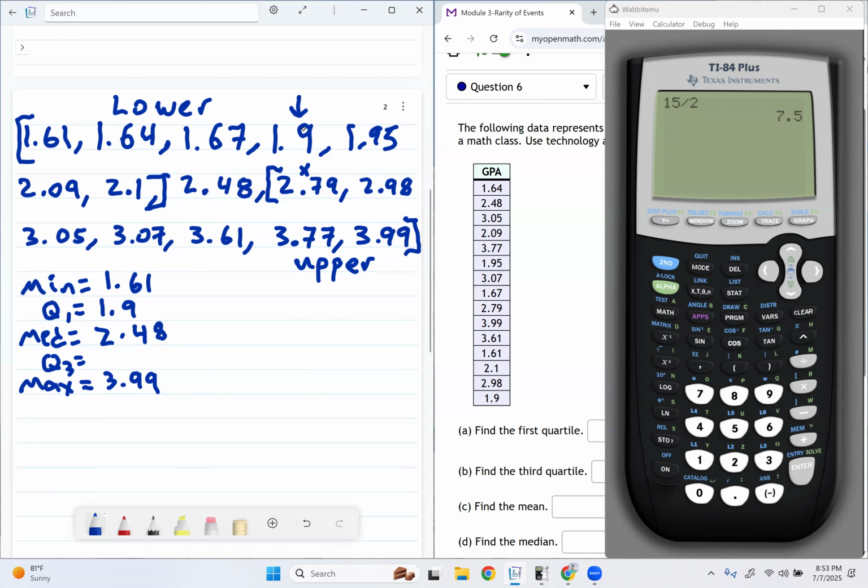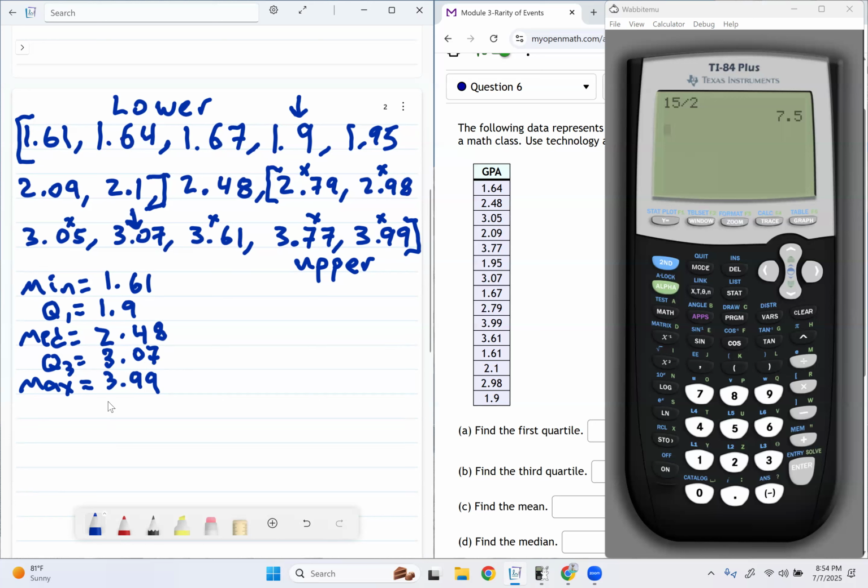I'll do that for the upper half, pair at a time. So there I did the top and bottom value, and I'm going to keep going pairwise, top and bottom value, until I'm left with that middle number. This gives me my third quartile of 3.07.